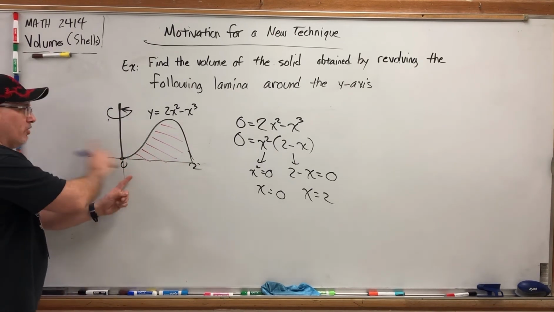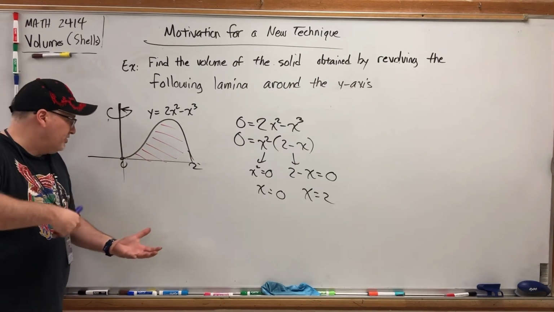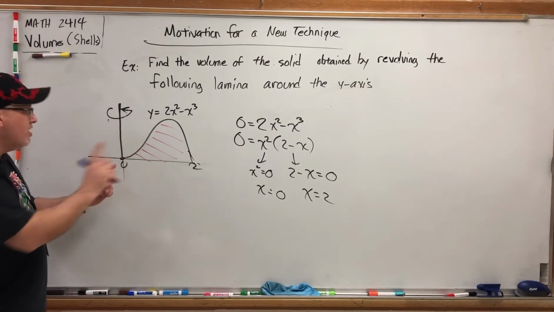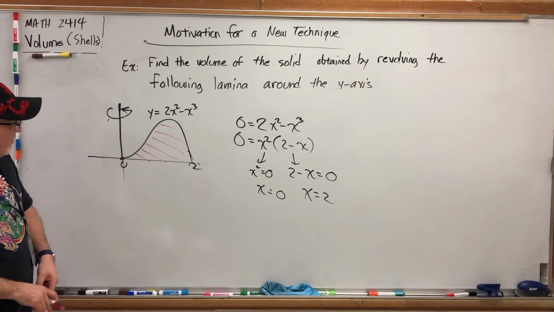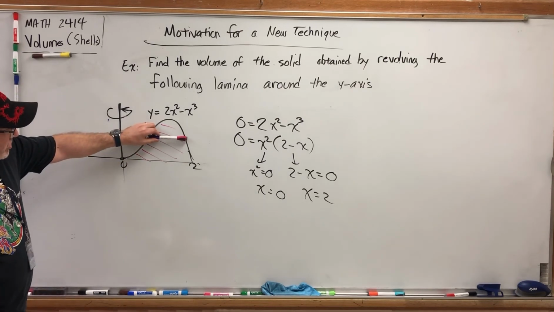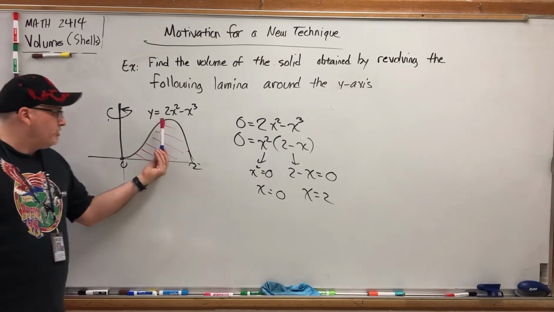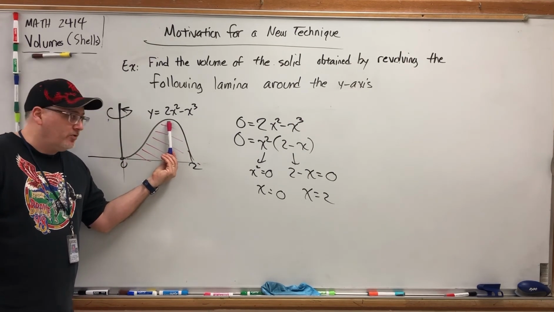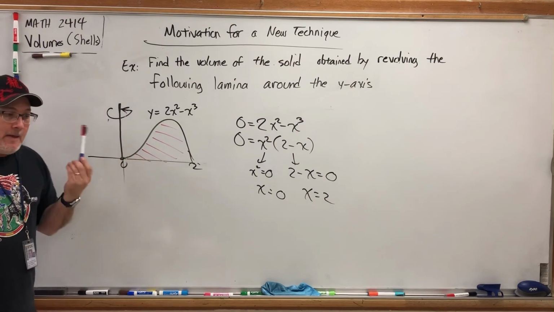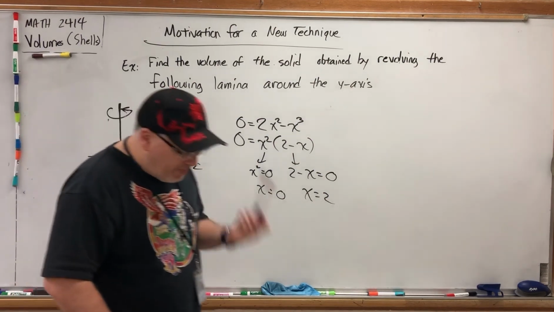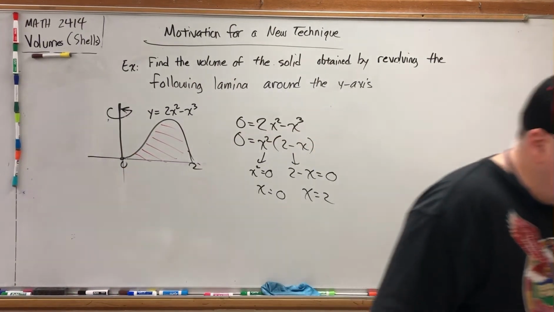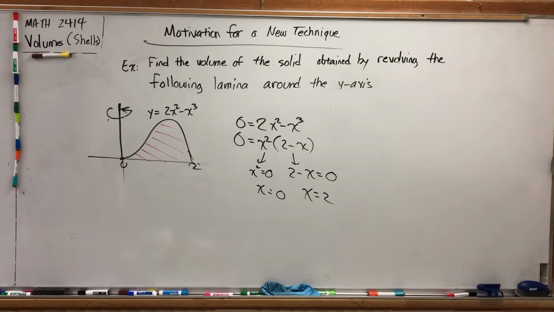If we spin this thing around, it would look like a donut with a hole that didn't quite go through. We could think about taking a cross-section, a cut perpendicular to the axis of rotation. Well, what if we took a cut parallel to the axis of rotation and spun that around? Maybe we can do something with that. Well, in the next video, we're going to develop and utilize this new technique, which will be called the shell method.